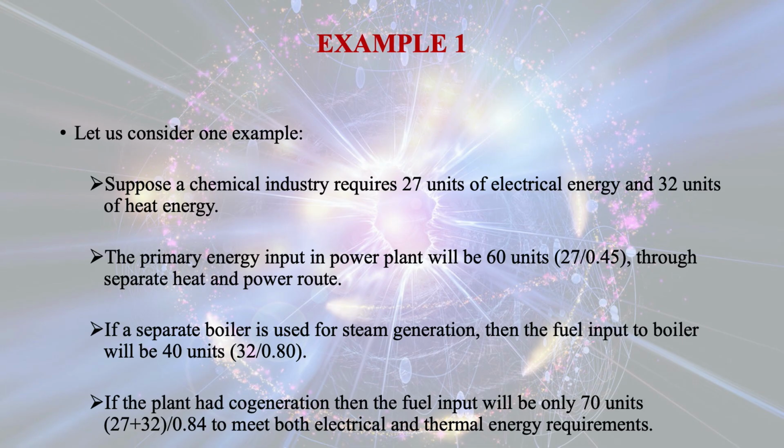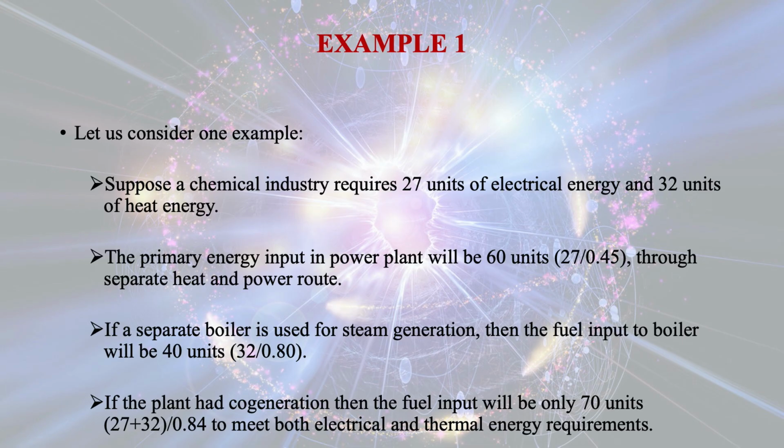The primary energy input in power plant will be 60 unit, as 27 by 0.45 comes out to be 60 unit. That means if we give 60 unit as an input, and the efficiency is 45%, we will get 27 unit of energy as an output through separate heat and power route.